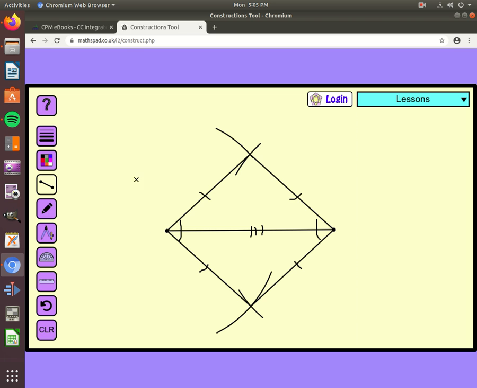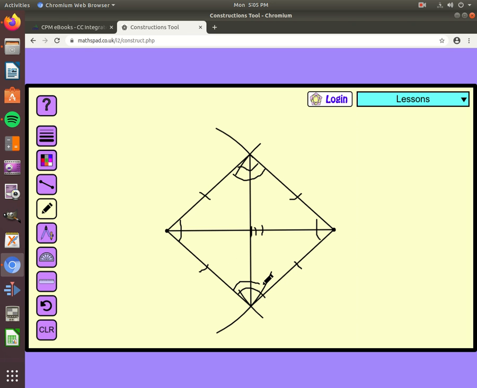So what I can then do is also draw this. And now I have these congruent triangles here, this one and this one. So I have side, side, side congruence. And now I can also say these angles must be the same because of CPCTC as well. So I'm going to mark these because of CPCTC, that these angles are the same as well.